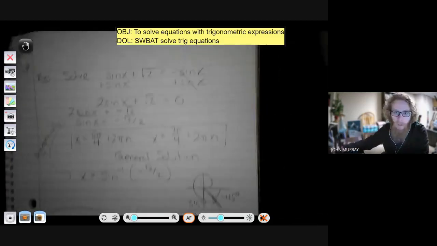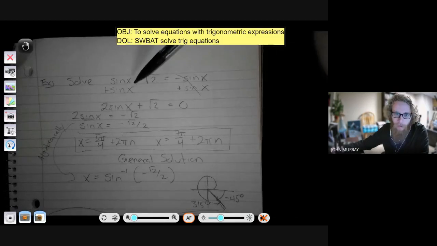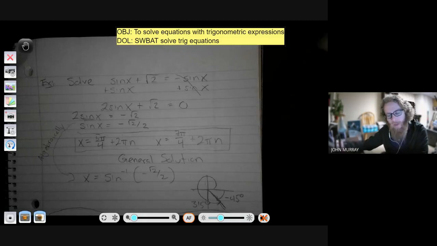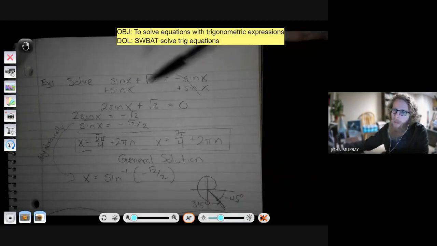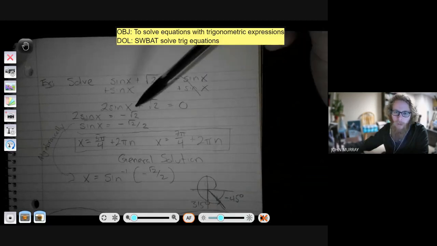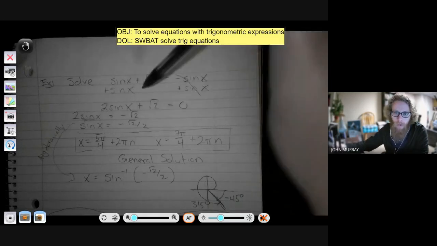So real quick, just to go over the ones we went over Friday, just as a recap, we follow the same rules of algebraic solving as we normally do. But the only difference at the end is we use inverse trigonometry, or we use the unit circle to help us find our solution, right? So, we add and subtract from both sides. We divide when we have to, right?